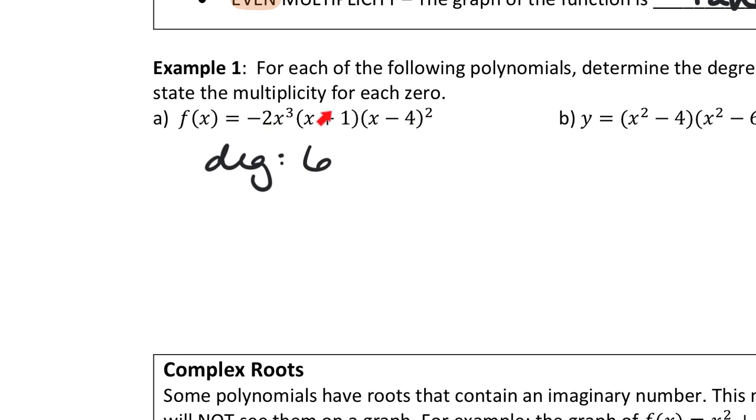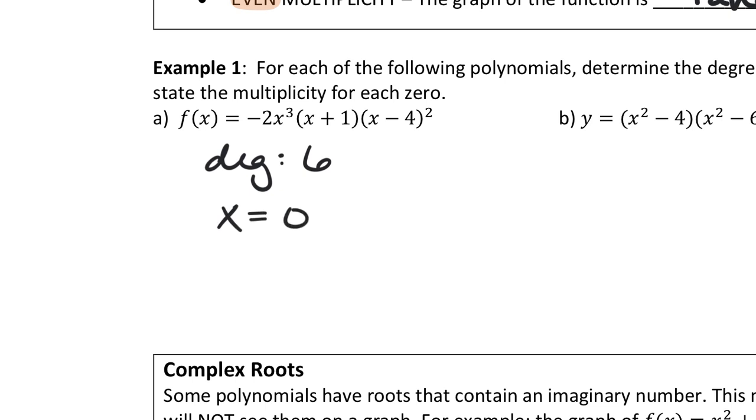So 3 plus 1 plus 2 is what? As finding the degree, if we were to multiply all of this out, we'd end up with a degree 6 polynomial. If you count the number of x's, there are 3 x's in this factor, there is 1 x in this factor, and there are 2 x's in this factor. That's 6 total. Yes?